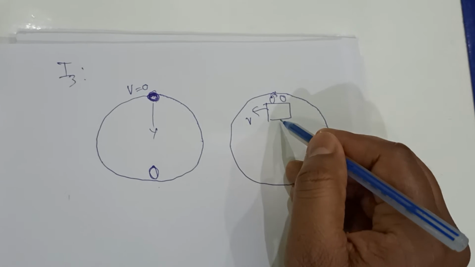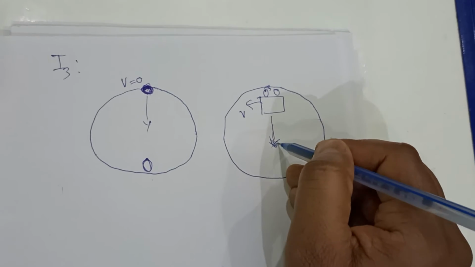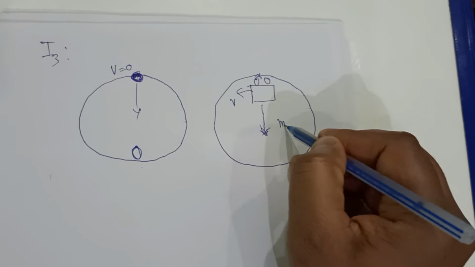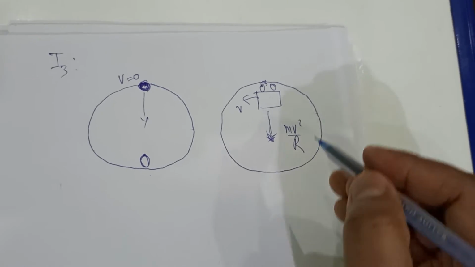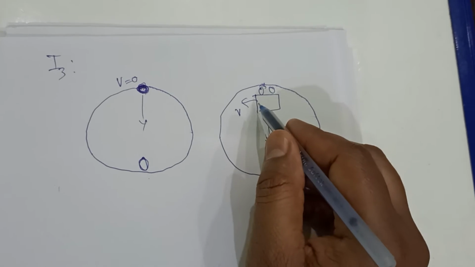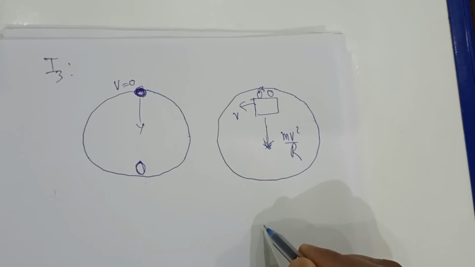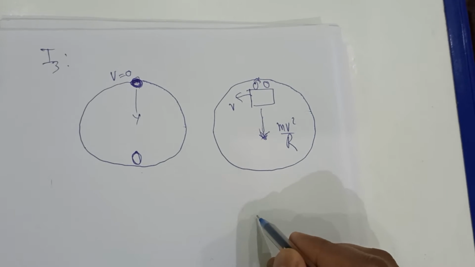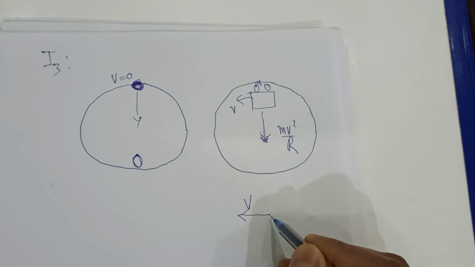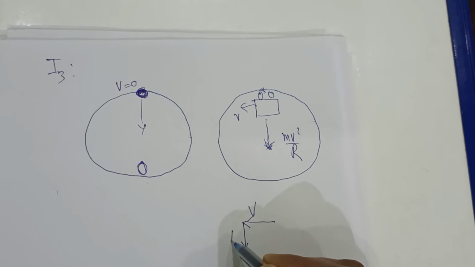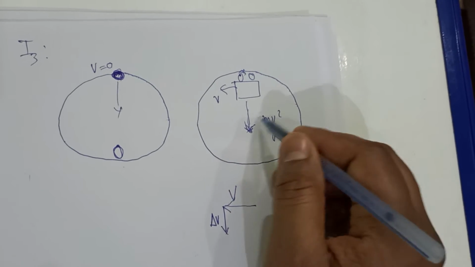So obviously there is a force acting on it. This is the gravitational force. We can also say that it is the centripetal force, mv squared upon r, where r is the radius of the circular path. Because of this force there will be a change in the velocity. Here you see the velocity v with which the object is moving, and this is the small change in velocity because of this centripetal force.